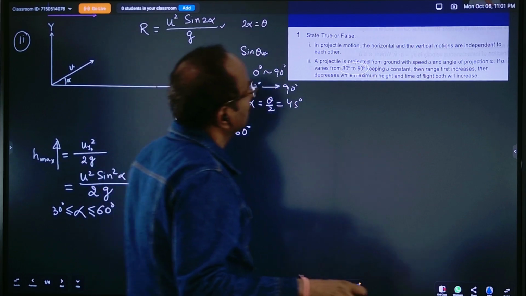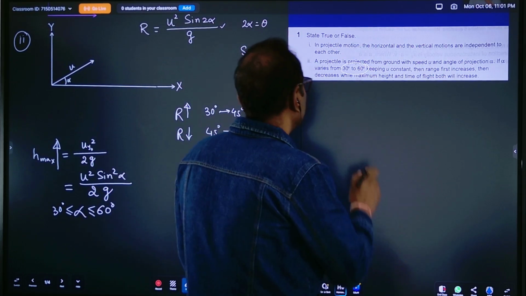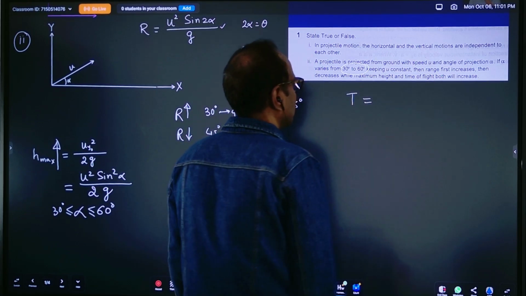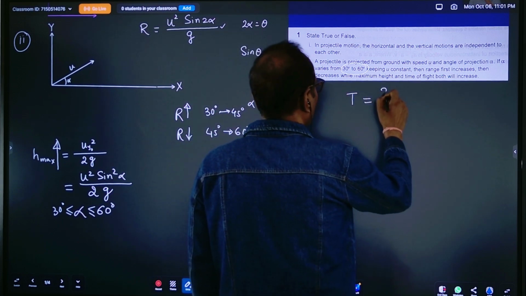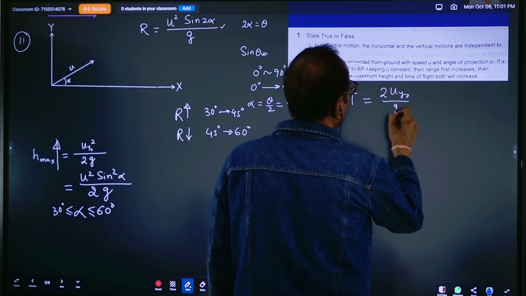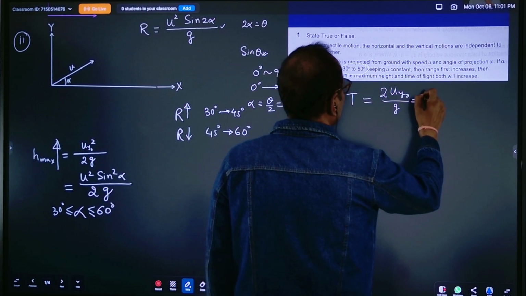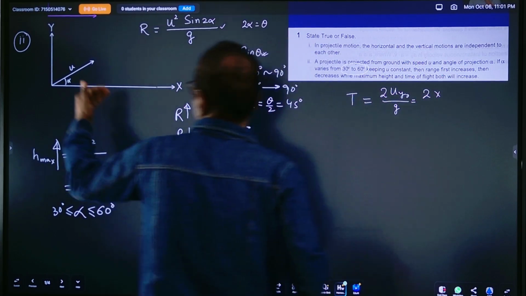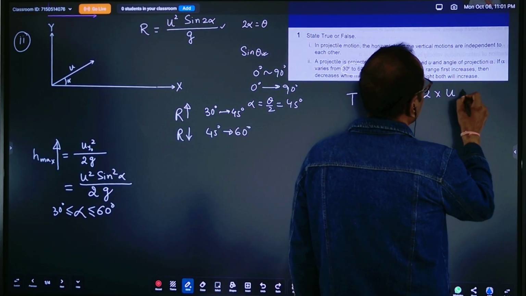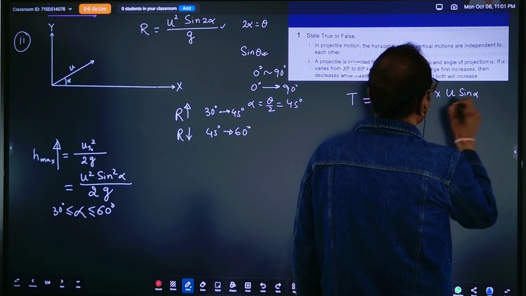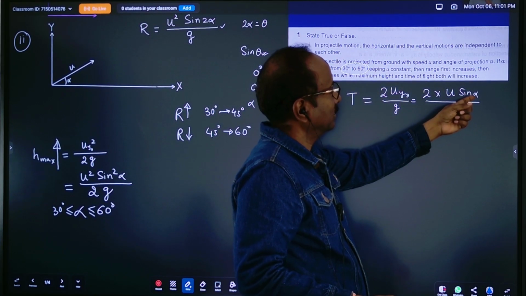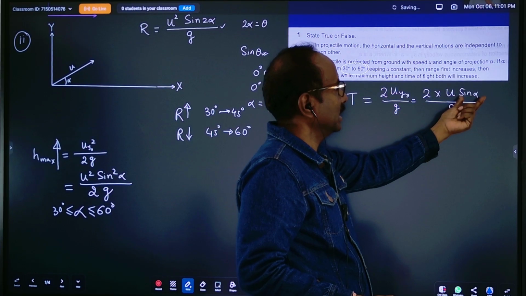Then we can check for the time of flight. So you know the equation for time of flight. Your u y naught is your initial velocity in the y direction, that is u sine alpha by g. Again, as the alpha increases from 0 to 90 degree, sine alpha will increase.